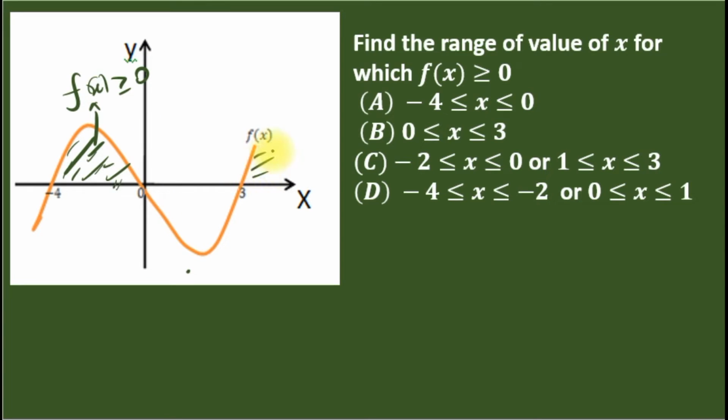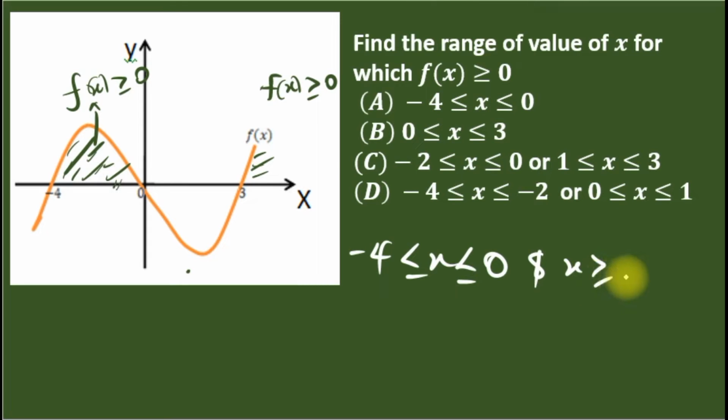Also from here again, it is greater than or equal to 0. So our answer is greater than or equal to 3. It seems only option A has this part. So that's the answer, option A.